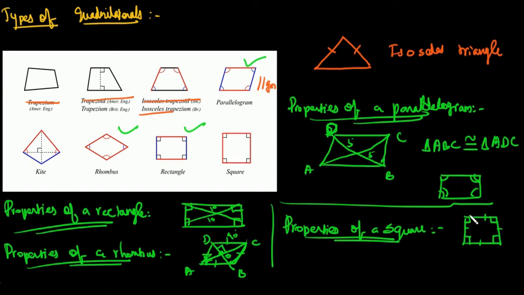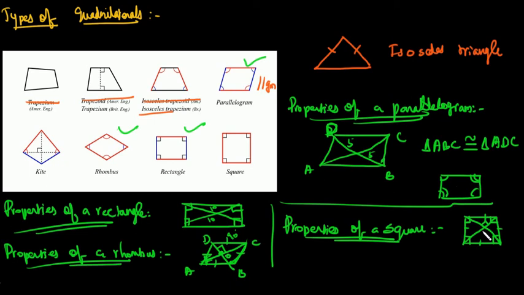If you draw the diagonals, both diagonals are equal here. The diagonals of a square intersect at right angles. This is also like a rhombus. Diagonals intersect at right angles.